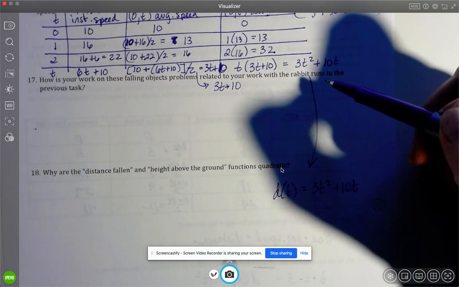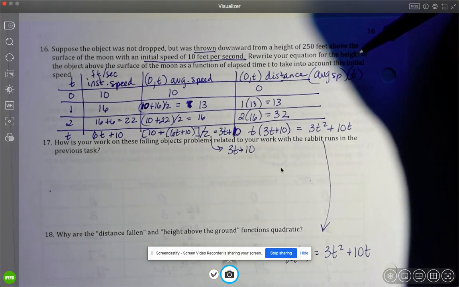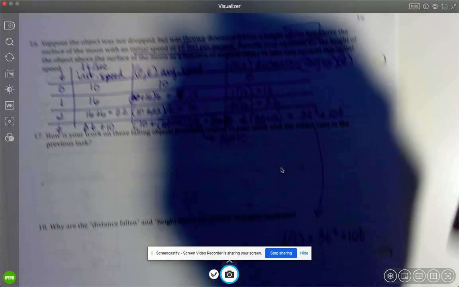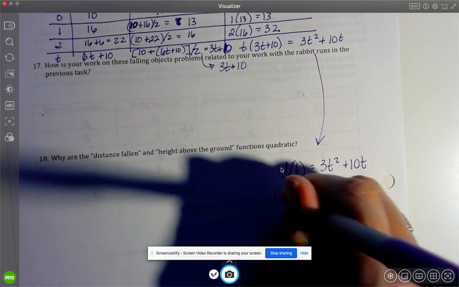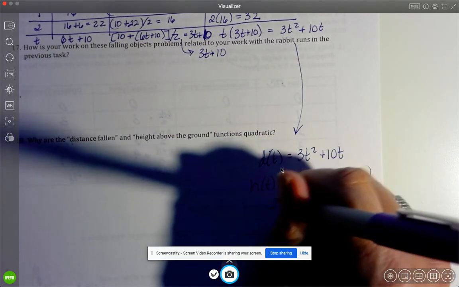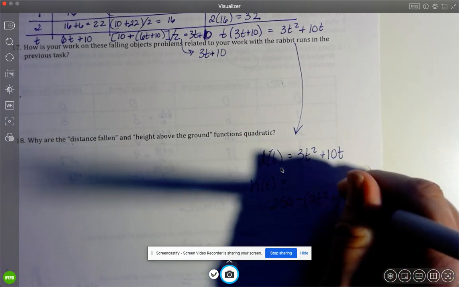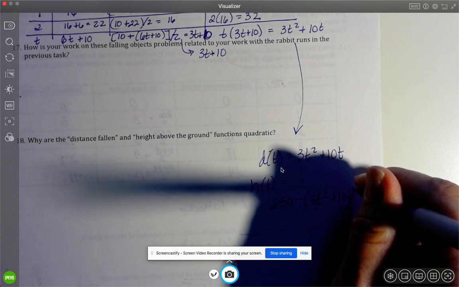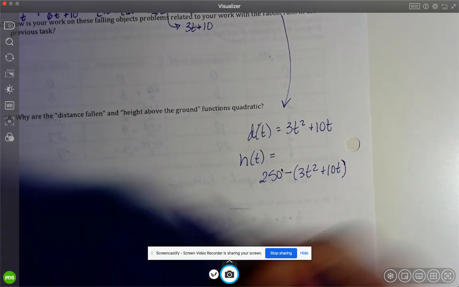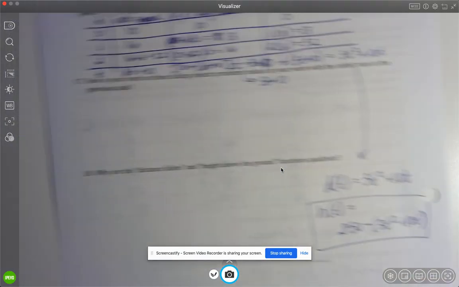But it's asking me for my equation for the height. Well, it started at 250 feet, so the equation for the height at t is 250 minus the distance, just like we saw in the last one. So you could distribute that or keep it the way it is. Okay, so this is my answer to number 16 above. I just ran out of room again.